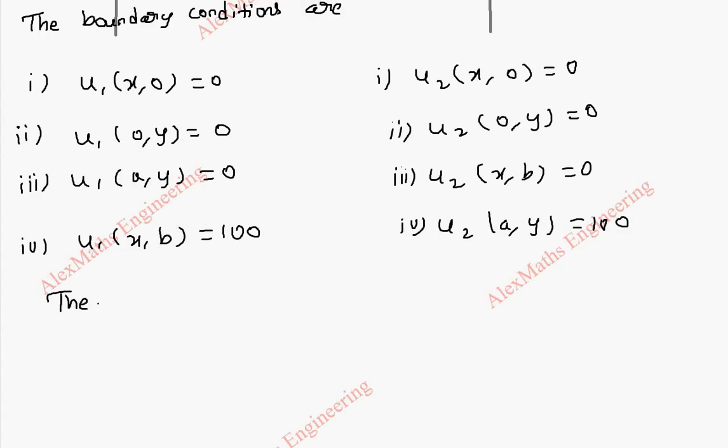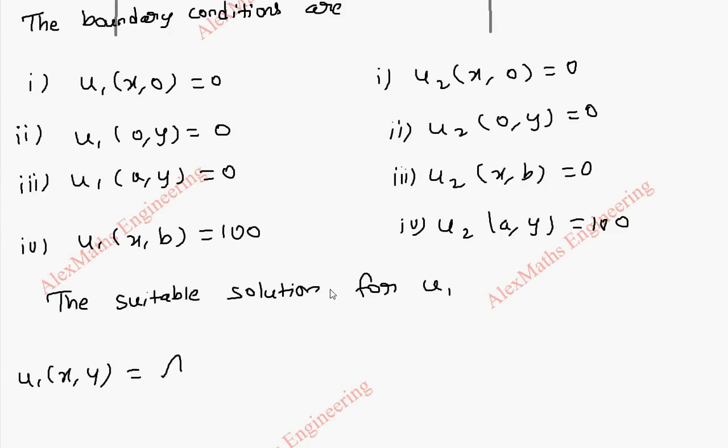So the suitable solution for u1. So u1 of x comma y will be (a cos px plus b sin px) into (c e power py plus d e power minus py).